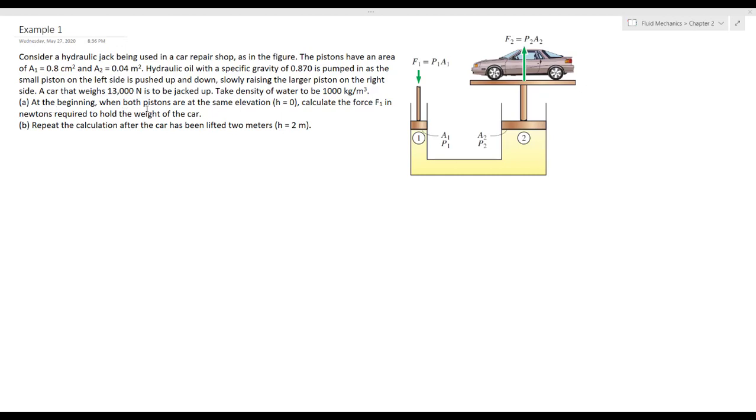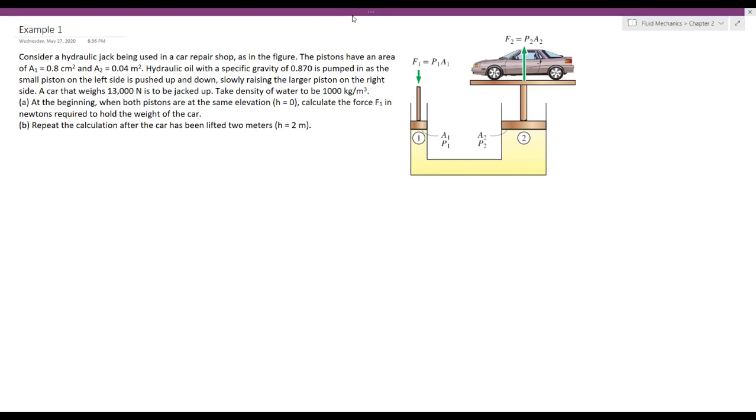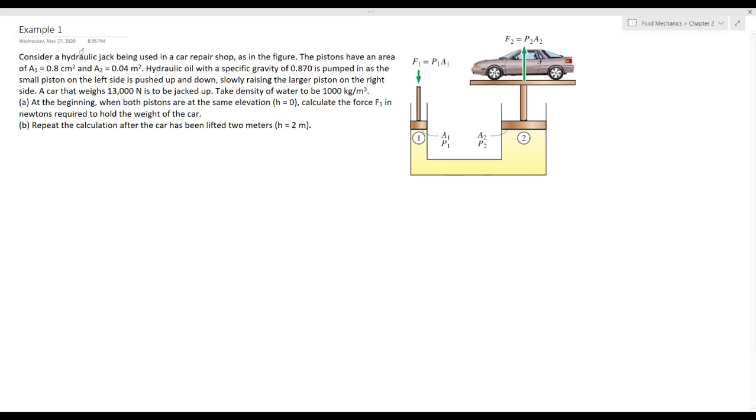At the beginning, when both pistons are at the same level, H equal to 0, calculate the force F1 in newtons required to hold the weight of the car. First, we need to choose 2 points that lie on the same level in the hydraulic oil.